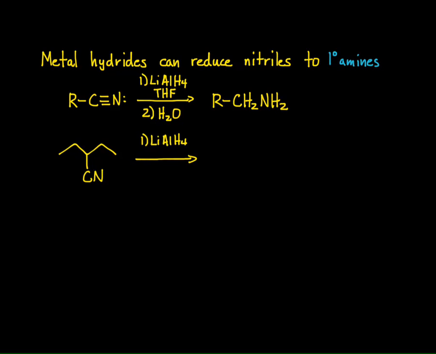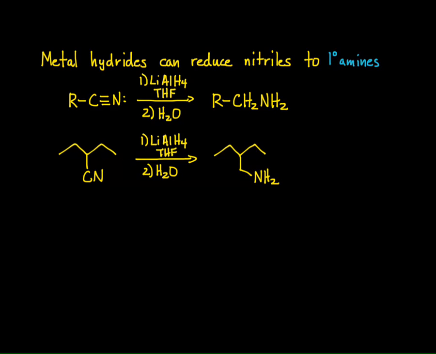The tricky part here is keeping track of all the carbons. The cyanide, the nitrile, has a carbon attached, and that carbon is getting converted to a CH2, and the nitrogen is getting converted to an NH2 as well. So when I look at a particular structure and I have lithium aluminum hydride as my reagent, I know that I have to write the carbon.